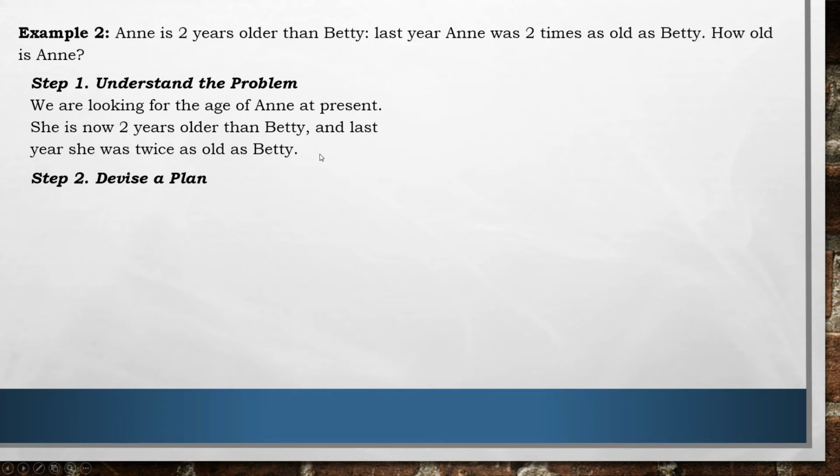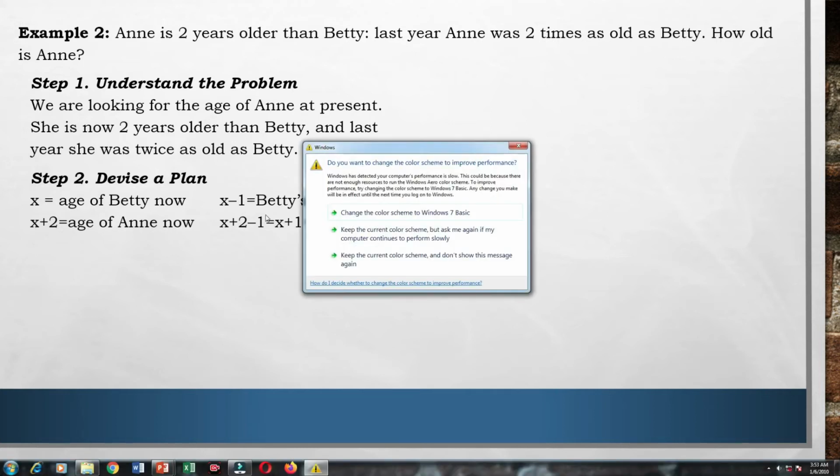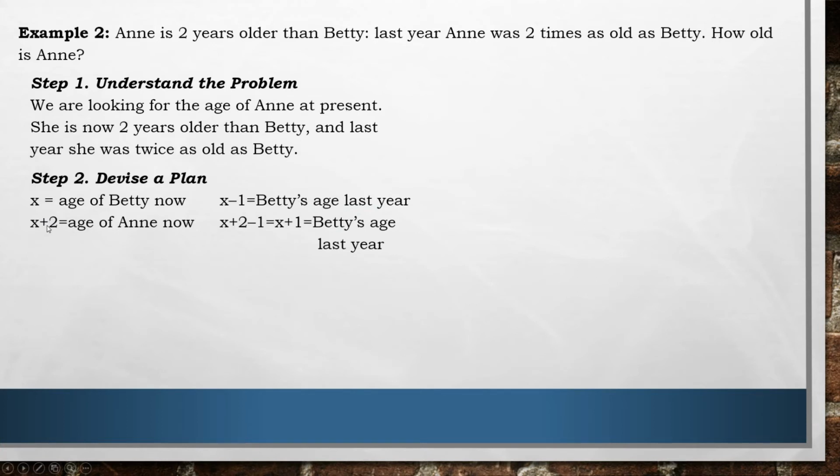Step 2, we have to devise a plan. The best thing here is for us to create a table. But before that one, we have to go for x. X is equal to the age of Betty now. And then x plus 2 is the age of Anne now, because Anne is 2 years older than Betty. So we just add 2. So x minus 1 is Betty's age last year.